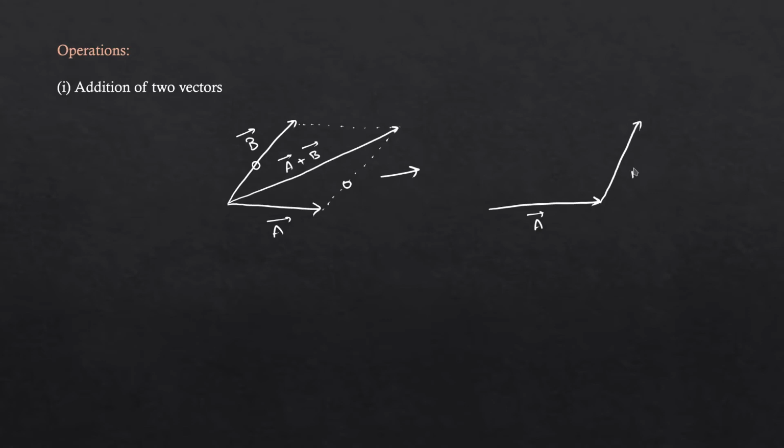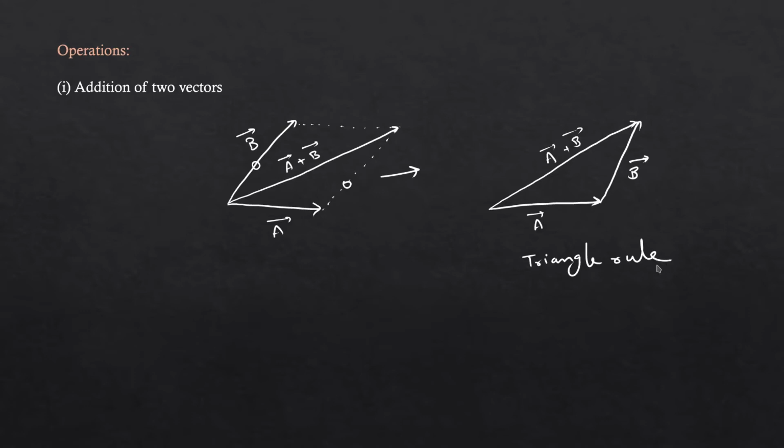So this is now vector B. The addition of that will be this vector A plus B, this line, which is equivalent to this line. This is called the triangle rule of vector summation.